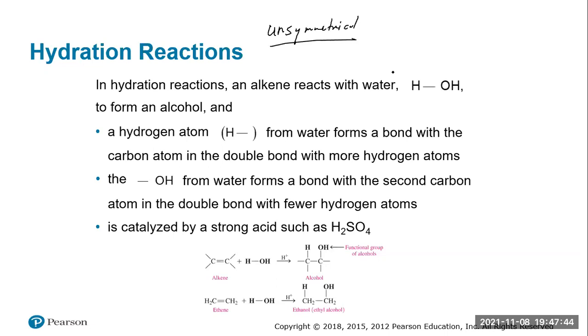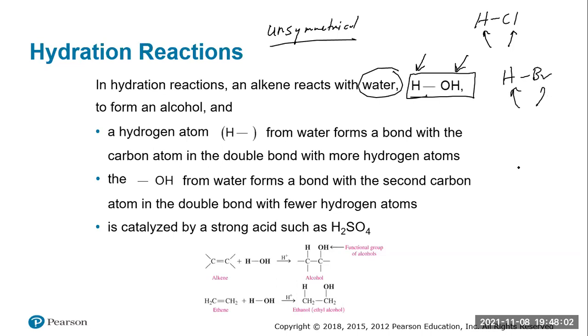And most common one here is water. We can think of water as H and OH, adding an H to one carbon, OH to the other. Other common ones are HCl, adding an H to one carbon, Cl to the other, HBr, adding an H to one carbon and a Br to another carbon.